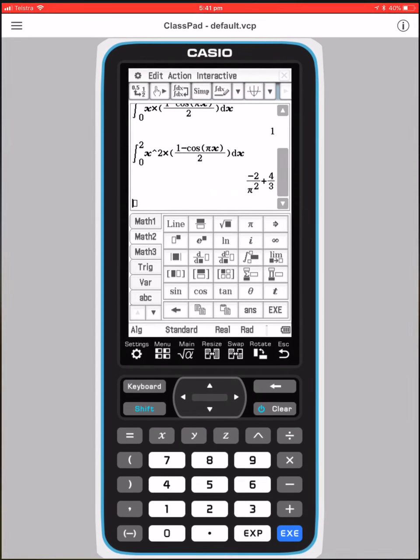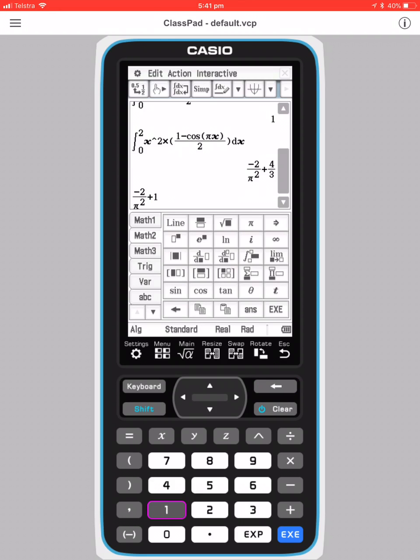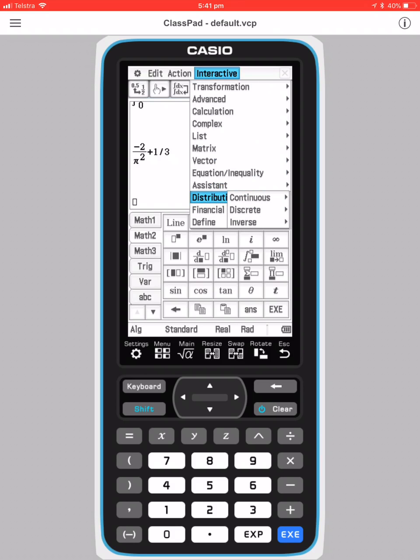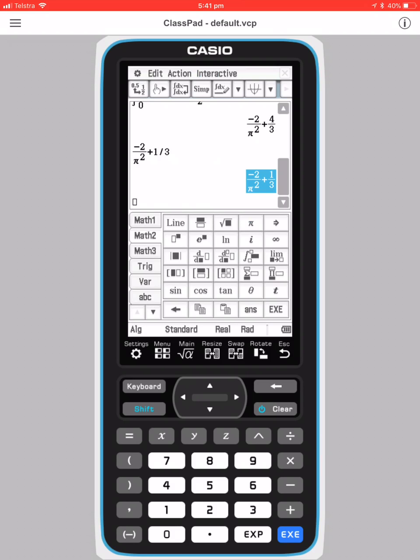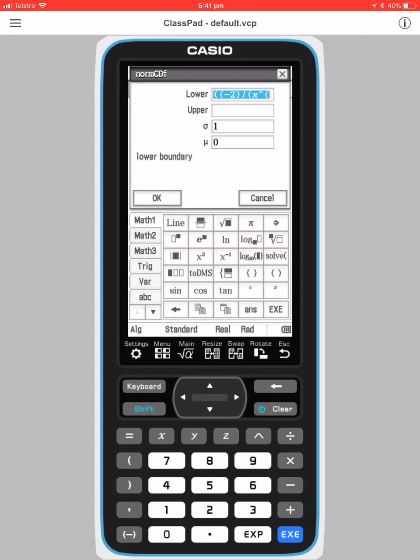So we go on to our CAS. Okay, so we want to use that value. Distribution, continuous, interactive, norm CDF.